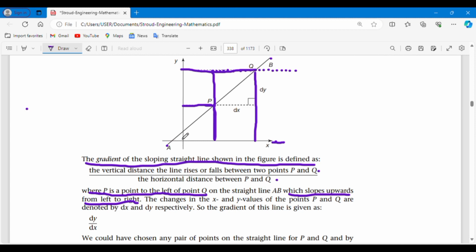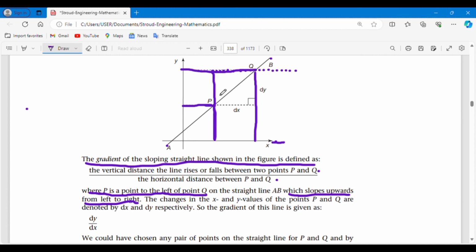But when this thing is going vertically, don't forget, it's in the y value, in the y axis. The y axis is vertical, the x axis is horizontal. So as this thing is going up, it's in the y value. That's why they say vertical distance the line rises or falls between point P and Q. This vertical distance, right? And don't forget, is what? Dy.